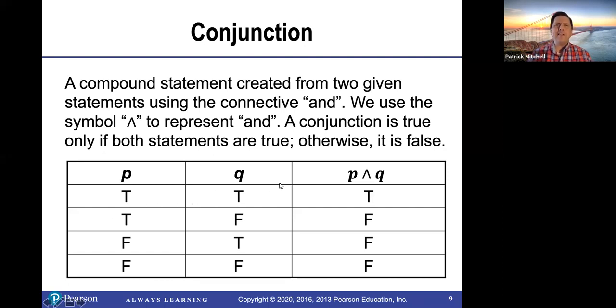So think about the statement, you must be 18 years old and a US citizen to do something. I don't know what. So think of the statement, you are at least 18 years old and you are a US citizen. That statement, including the word and, would only be true if both parts of it are true, okay?